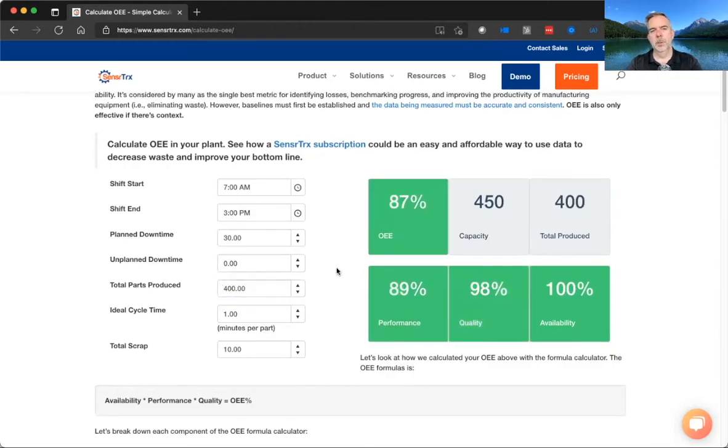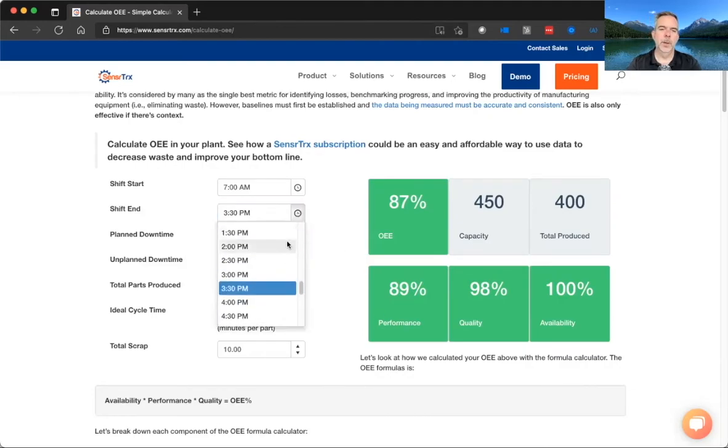Okay, so let's say that we increased planned downtime to 60 minutes. So it changed. Our OEE went to 93% from 87%. So let's say it's 60 minutes. Now check this out. Now it's 87% because our performance went to 89.